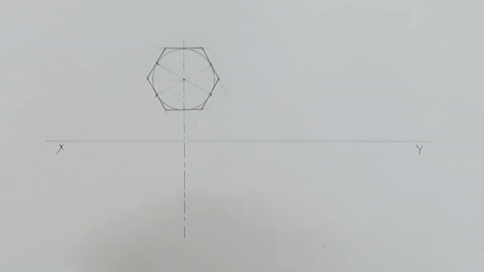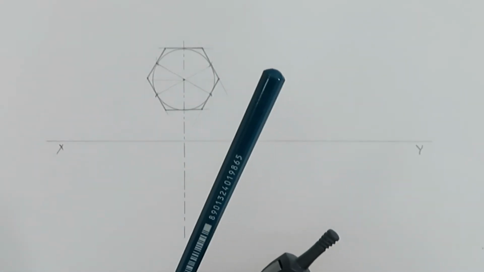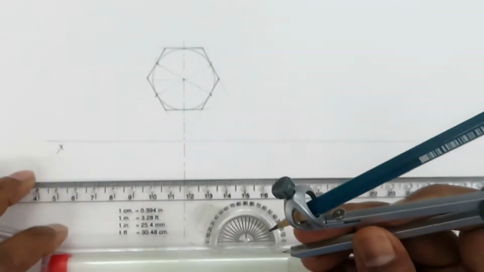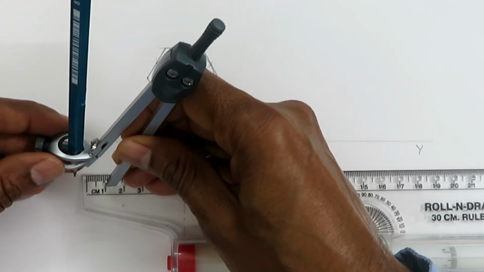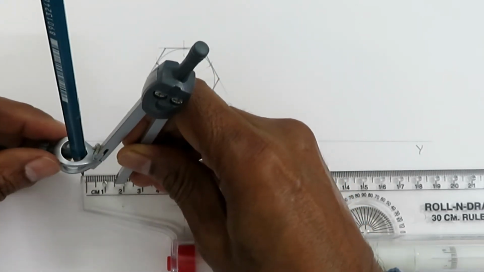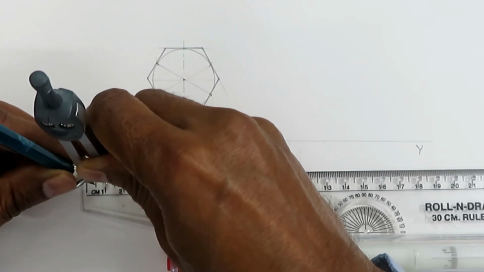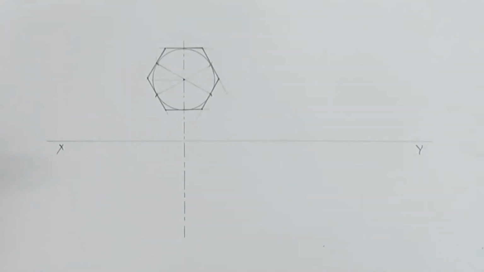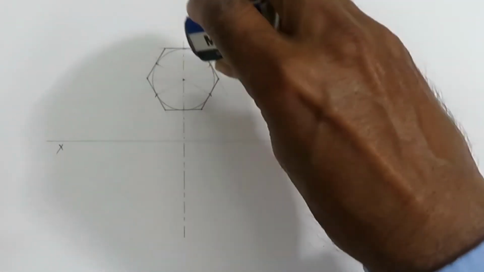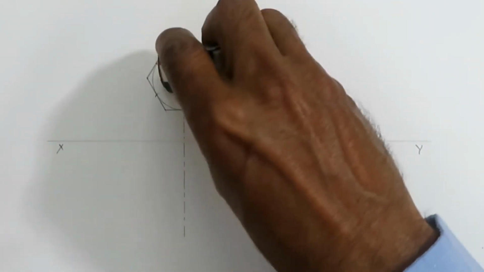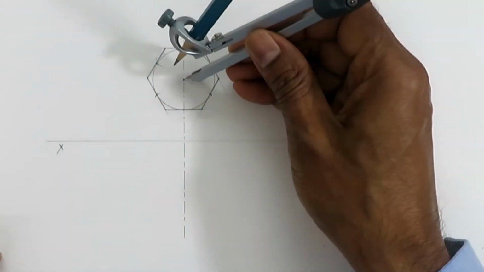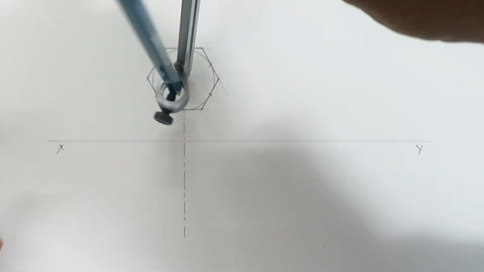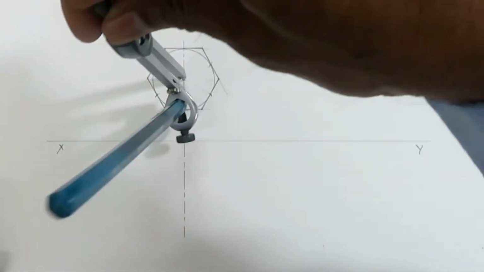Another thing we should do is take the major diameter. So major diameter is 20, so take 10 mm on your compass as the radius and draw a circle here. So let's first erase this one because we don't need this. And this circle we will not draw complete.